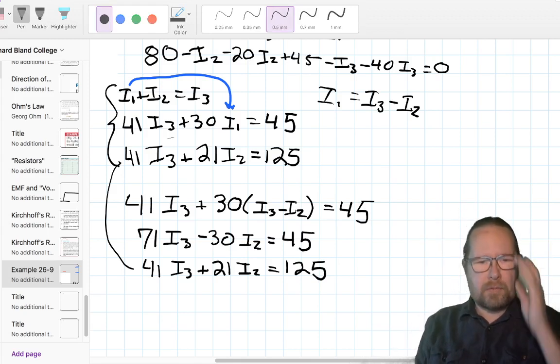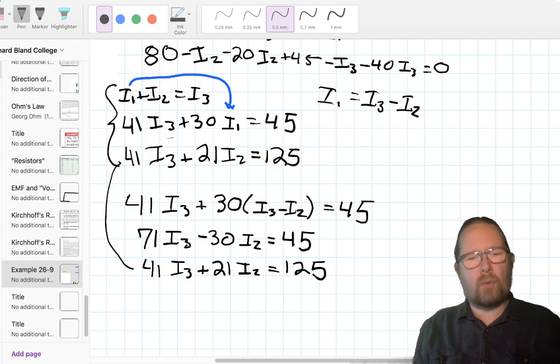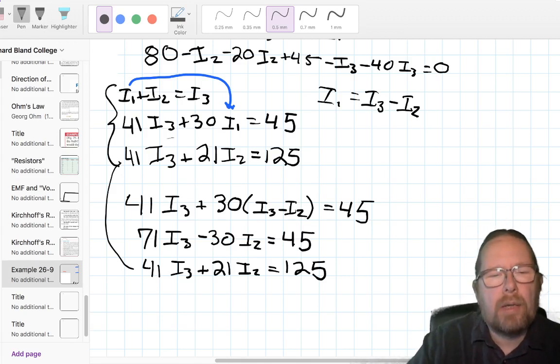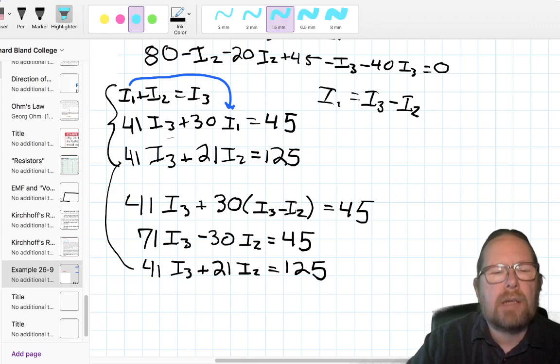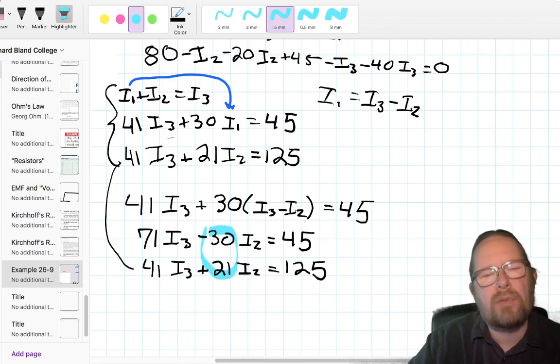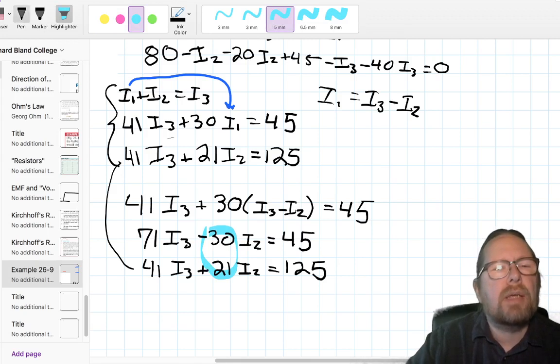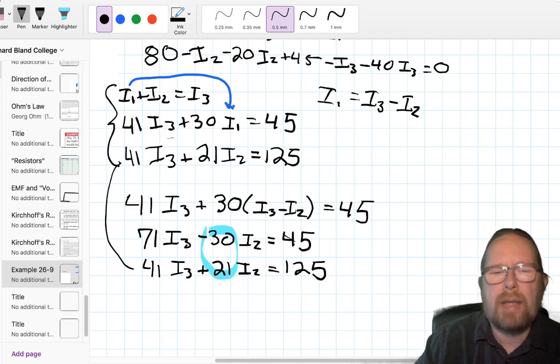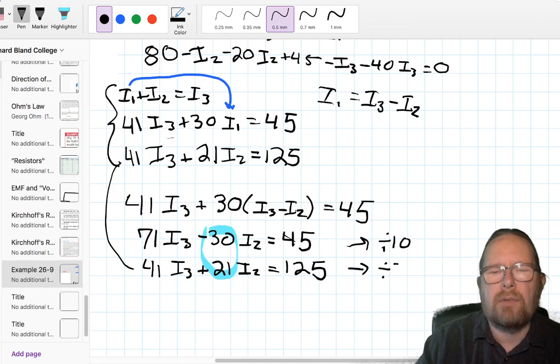So how are we going to solve this? We could solve one of these for I3 or I2 and plug it into the other. The thing that I see right away is that if you look at the second terms here, they're both multiples of 3. So what I'm going to do is divide the top equation by 10. And I'm going to divide the bottom equation by 7.